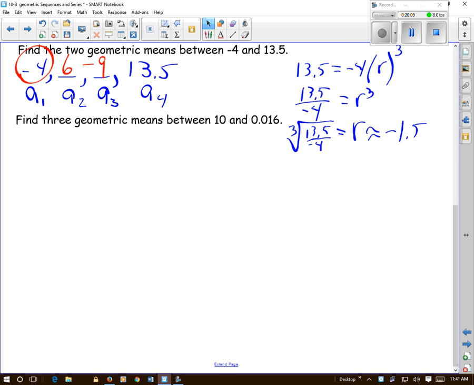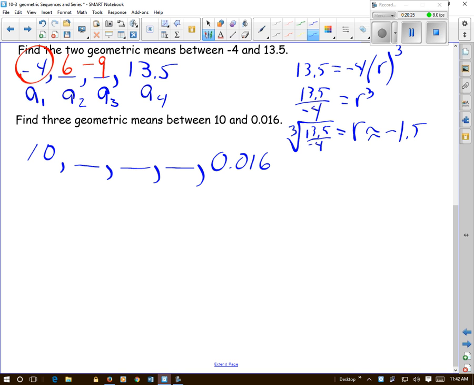Similar problem, find three geometric means between 10 and 0.016. We start off again with a little diagram. 10, blank, blank, blank, the three geometric means, 0.016. So this is a1, and this is a5.